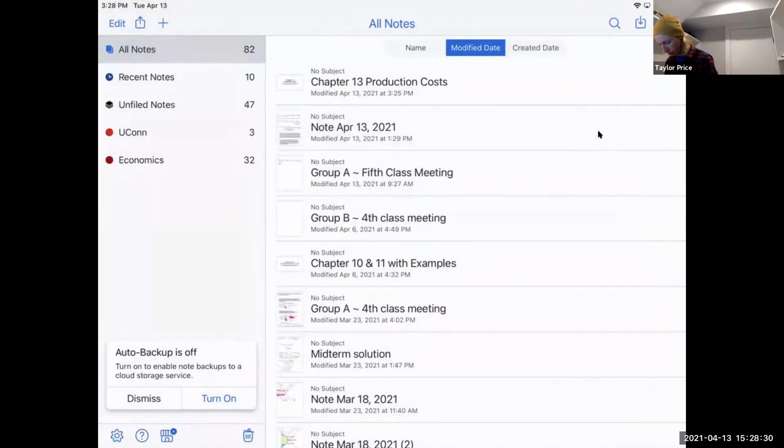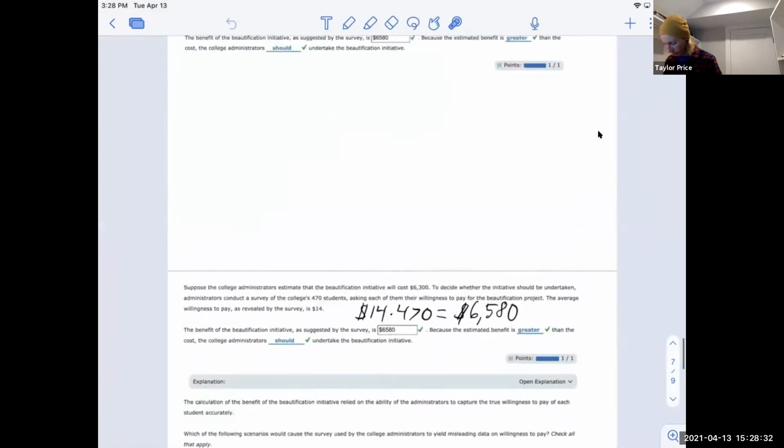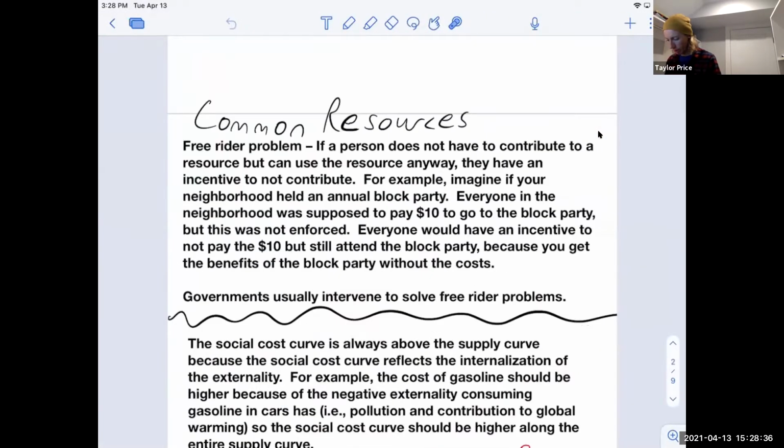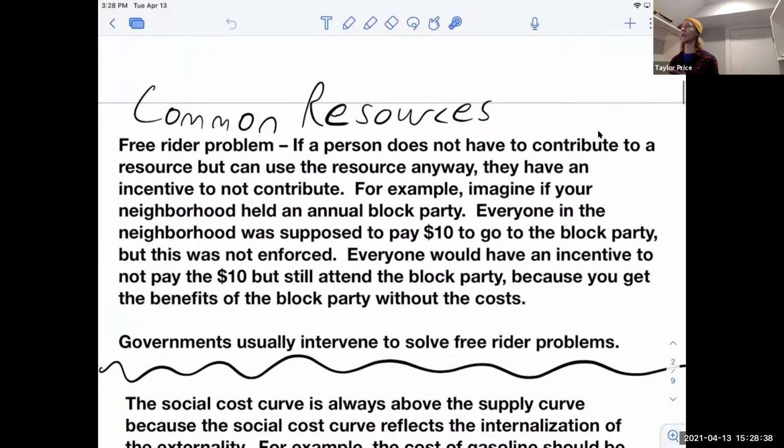Okay, so let's first take a look at common resources, as there were a lot of questions on this and the free rider problem. Common resources and the free rider problem are basically the idea that if a person does not have to contribute to a resource, but they can use the resource anyway, they have an incentive not to contribute.